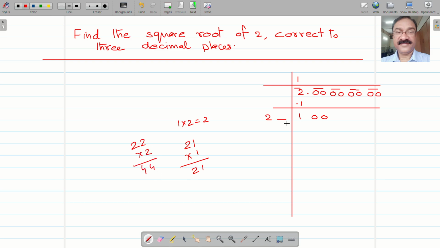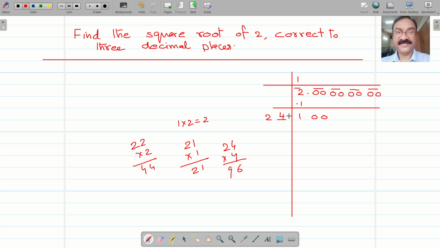Like that, when I multiply, it will be equal to 100 or a number very close to that. That is nothing but 24 into 4. I get 96, a number very close to 100, and it should not be more than 100.